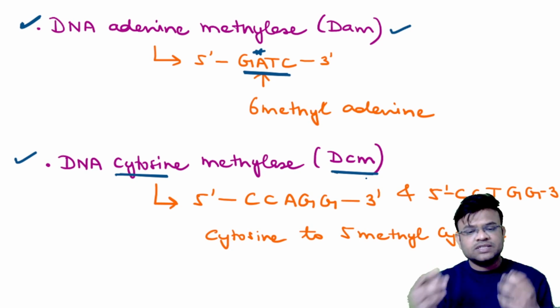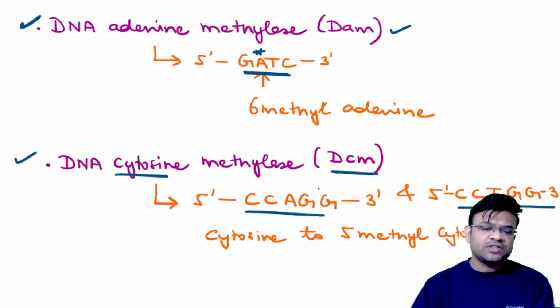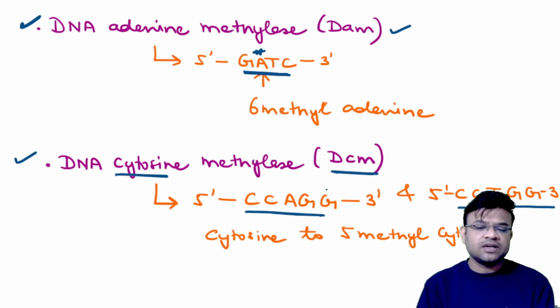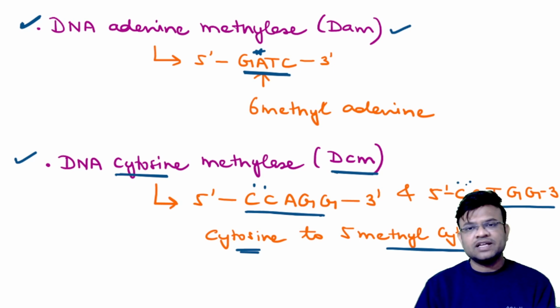The sequences are CCAGG and CCTGG. Wherever these two sequences are present, the cytosines present over here will be methylated. So cytosine is methylated to 5-methyl cytosine. So these cytosines are present over here, and they are methylated to 5-methyl cytosine.